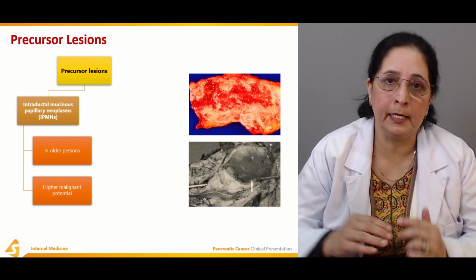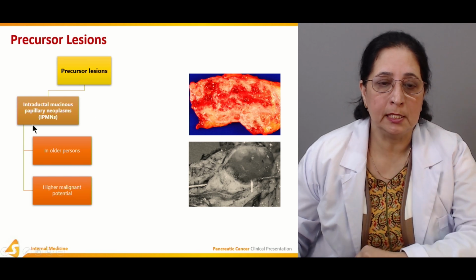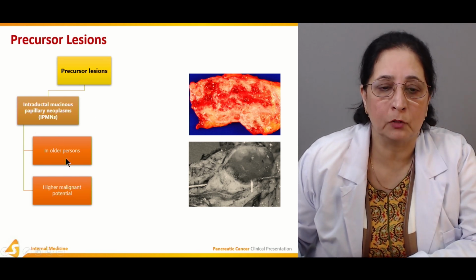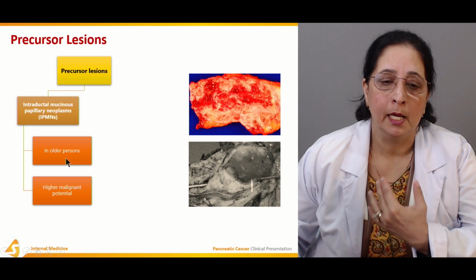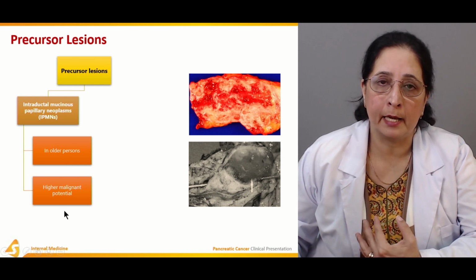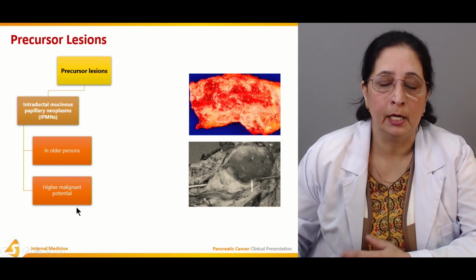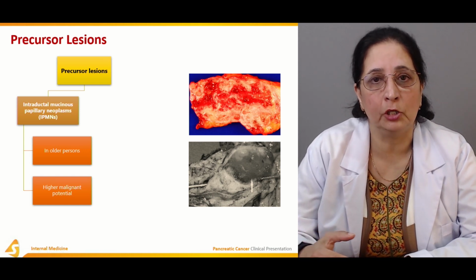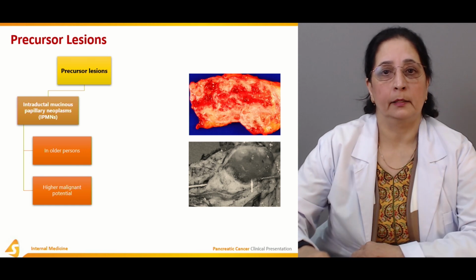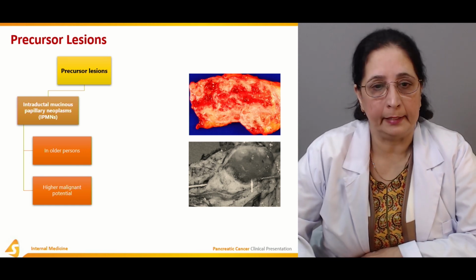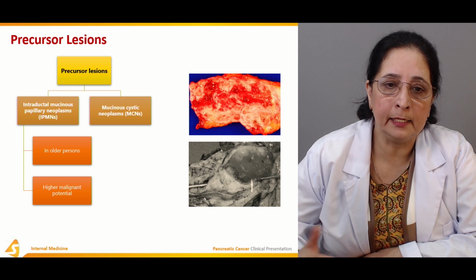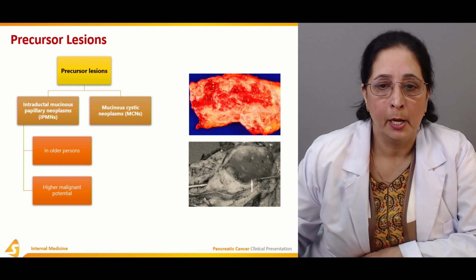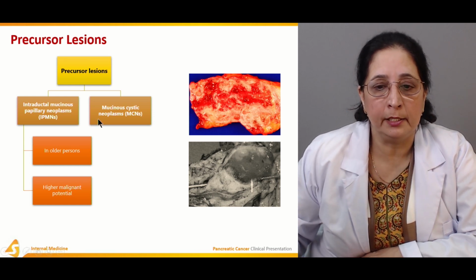Intraductal mucinous papillary neoplasm is common in older persons and has high malignant potential, and it's a precursor lesion of carcinoma of the pancreas. Then another precursor lesion is the mucinous cystic neoplasm.